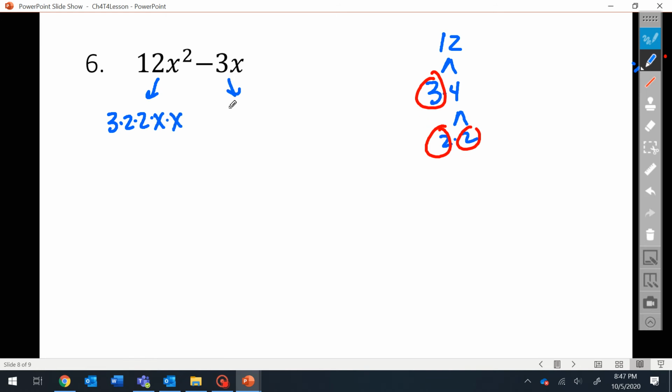And then here, that's just 3 times x. So we're looking for what's in common, the GCF. They both have a 3 in common, they both have an x in common. So the GCF is 3x.